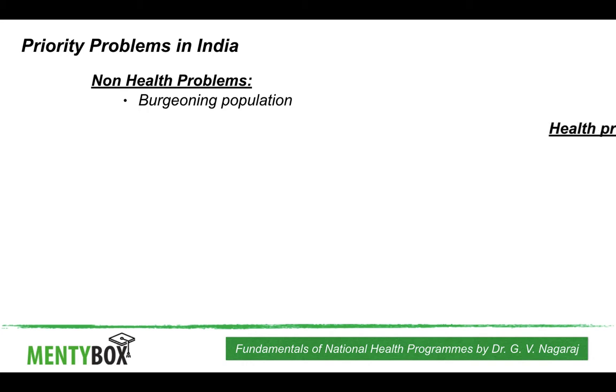What are the priority problems in India? We have non-health problems, which is called burgeoning population. We have high population growth.